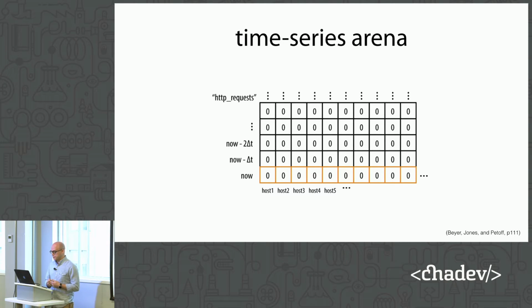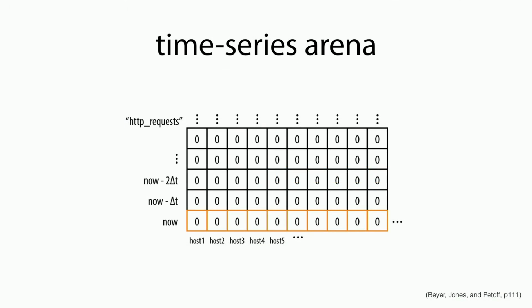We see the X on this graph as the hosts that we scraped from. Say you have your service running on multiple hosts. And then Y being time, and time minus delta, time minus 2 deltas, and so on. So we now have a time series of this data point that we want to know about, HTTP requests.